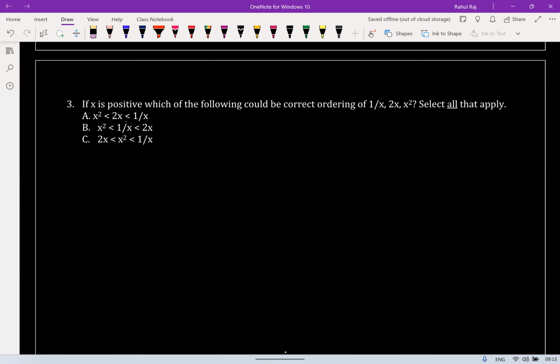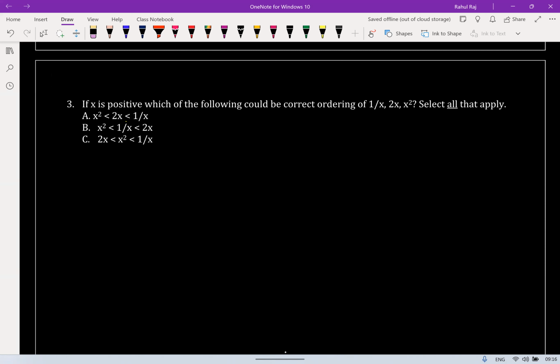Which of the following? So the mistake that I made here is I plugged in 3 different options for x and got the order of this on the number line.